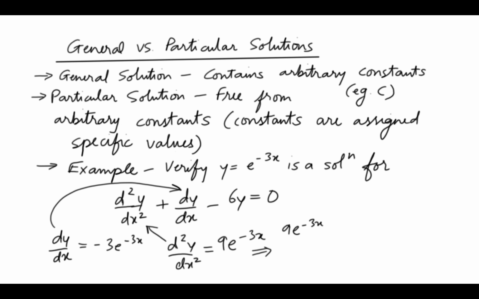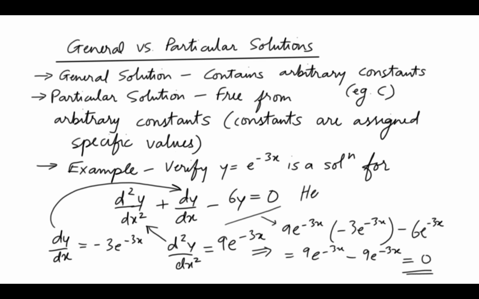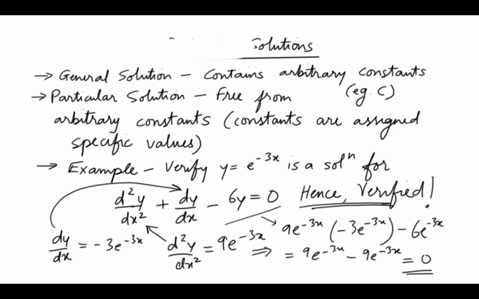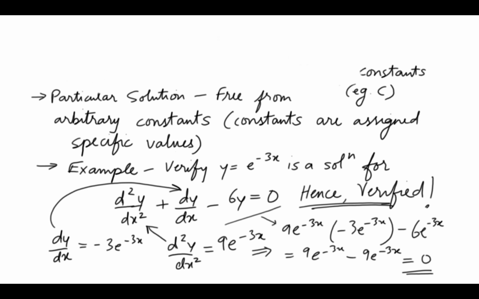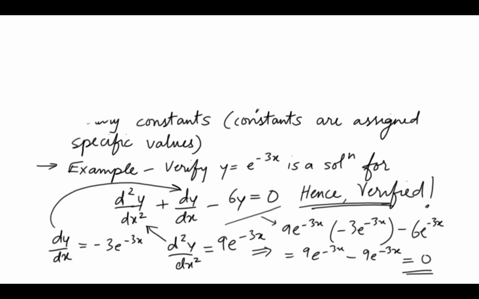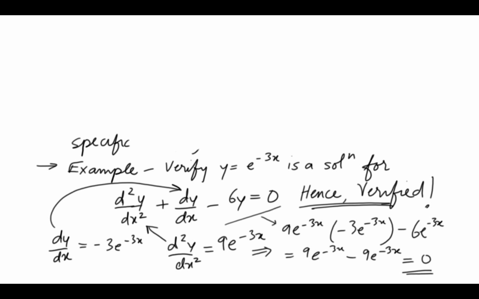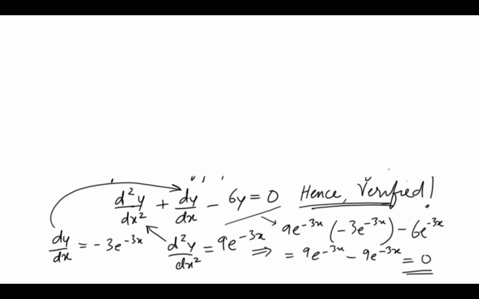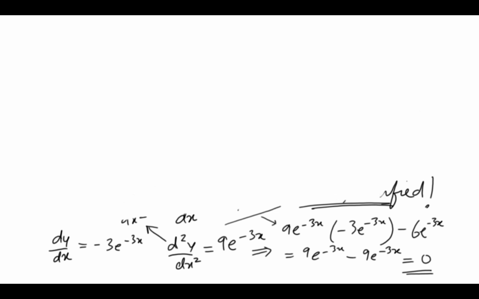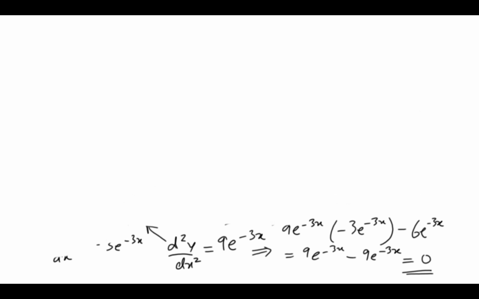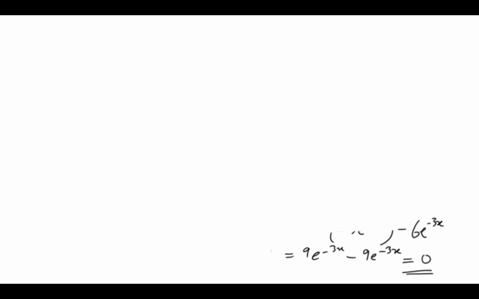So if we calculate dy by dx and d square y upon dx square and substitute in it and simplify it, we can verify that the LHS equals RHS. So it is a valid solution. So this is one simple example for the general solution and particular solution.